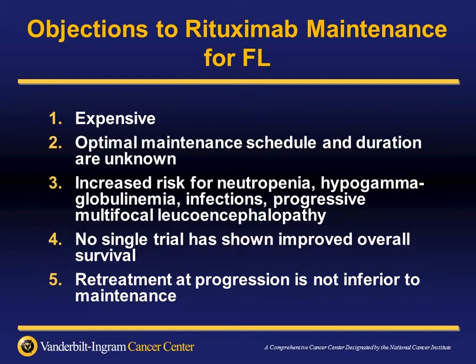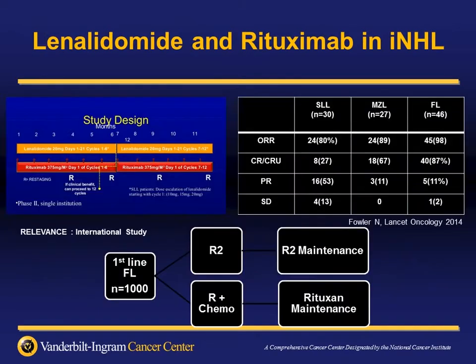And retreatment at progression, the Brad Call study, is not inferior to maintenance in regards to overall survival and success. Some might argue that if you used a ton of rituximab, you may become more chemo-resistant, and there's no hard data that that's true, but there is always some concern about exposures to agents.